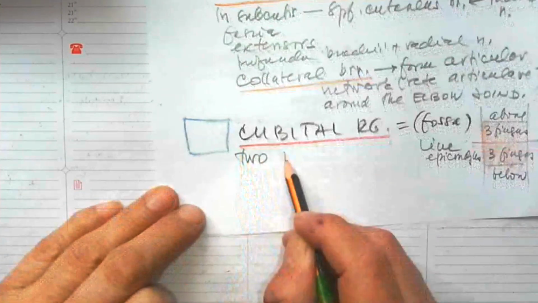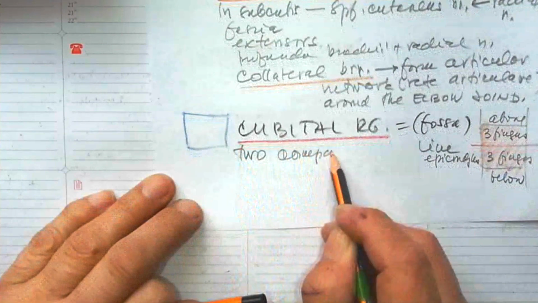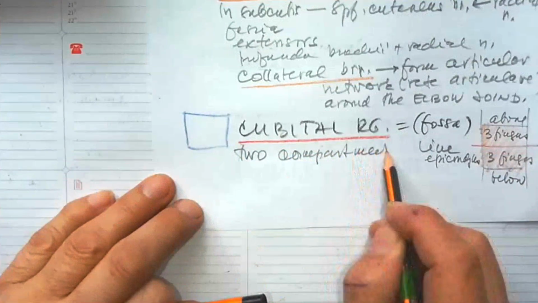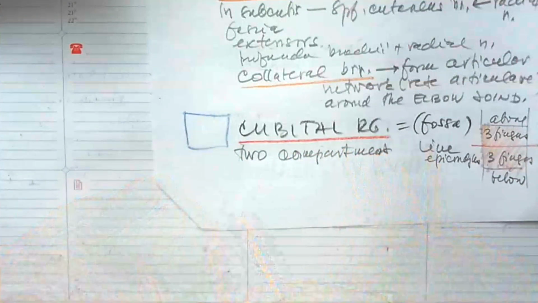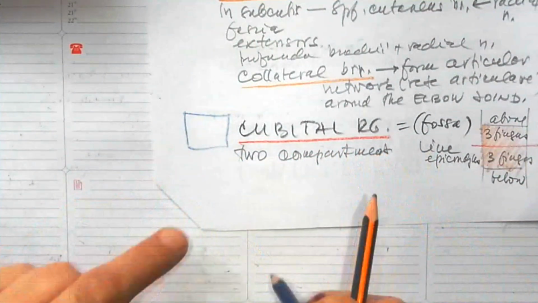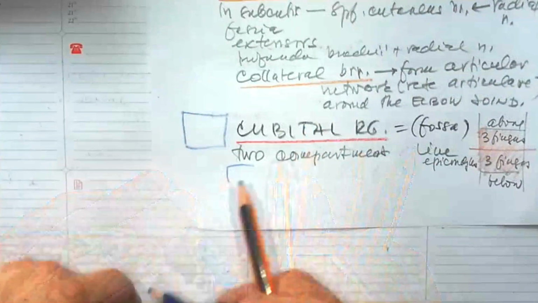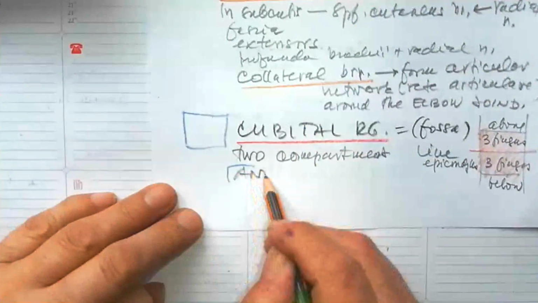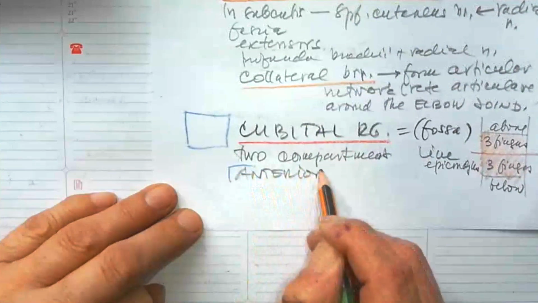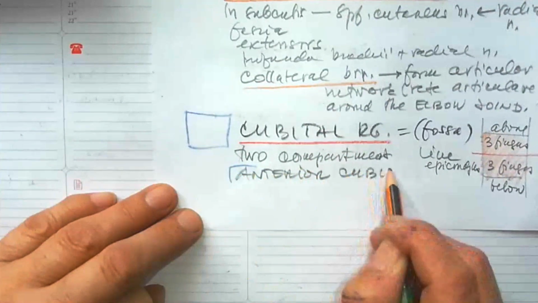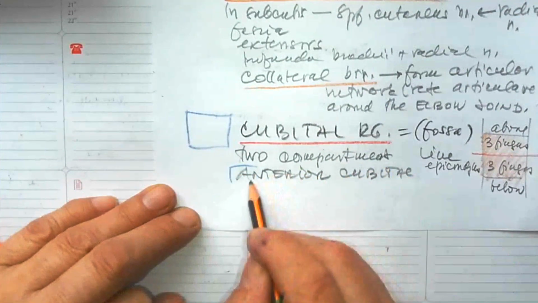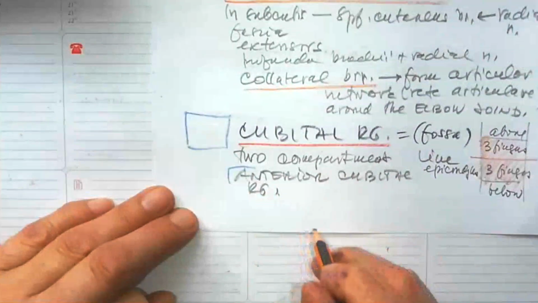Good. We divide the cubital region into 2 compartments. I would repeat, 2 compartments, also artificial boundaries, but I'm sure that is sufficient. Anterior cubital compartment. Region is better, region.